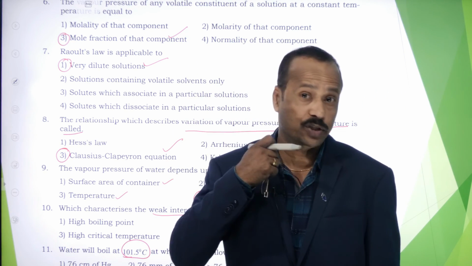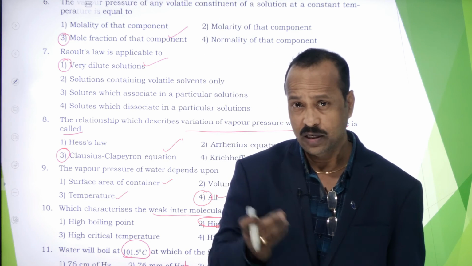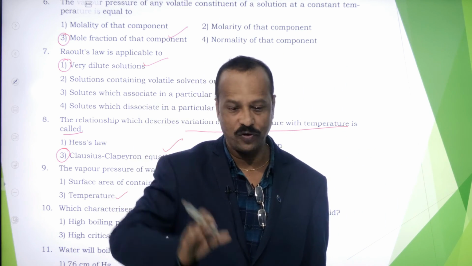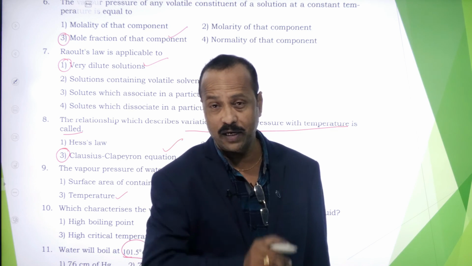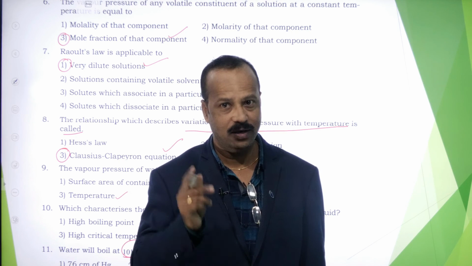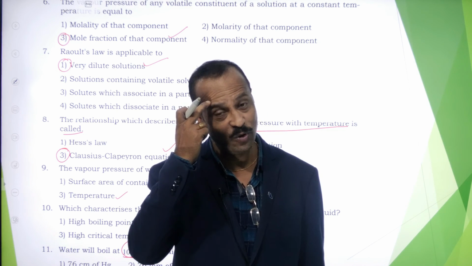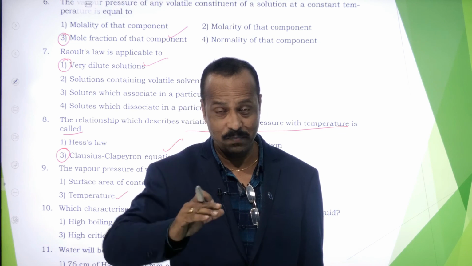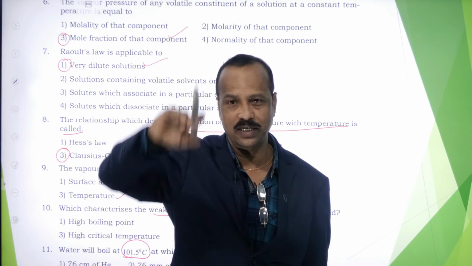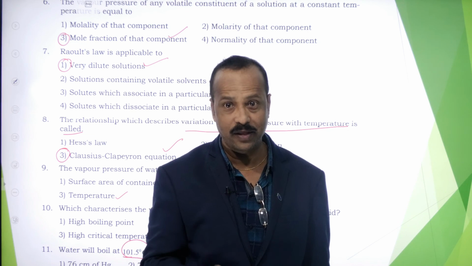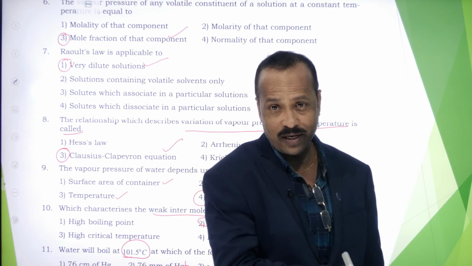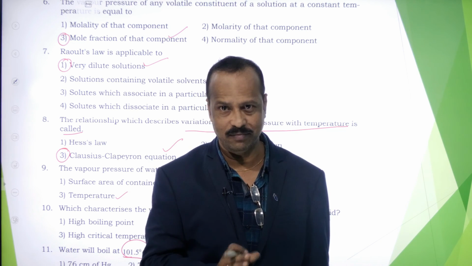If you go to higher altitudes, the boiling point decreases. Generally, if you want to cook something at a higher altitude, like on big tall mountains, it's better to cook in a pressure cooker than in a normal vessel.